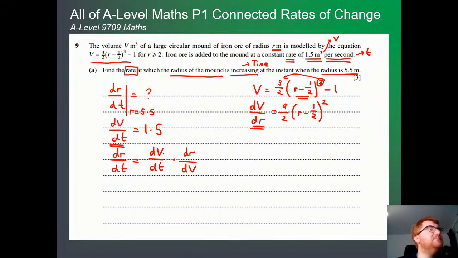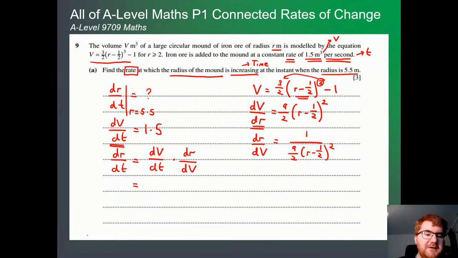Essentially kind of unsimplifying a fraction. Because if I cross both these out, I'll be left with dr by dt. So if dv by dr is this, then dr by dv, if I flip it, is just 1 over 9 over 2, r minus a half all squared.